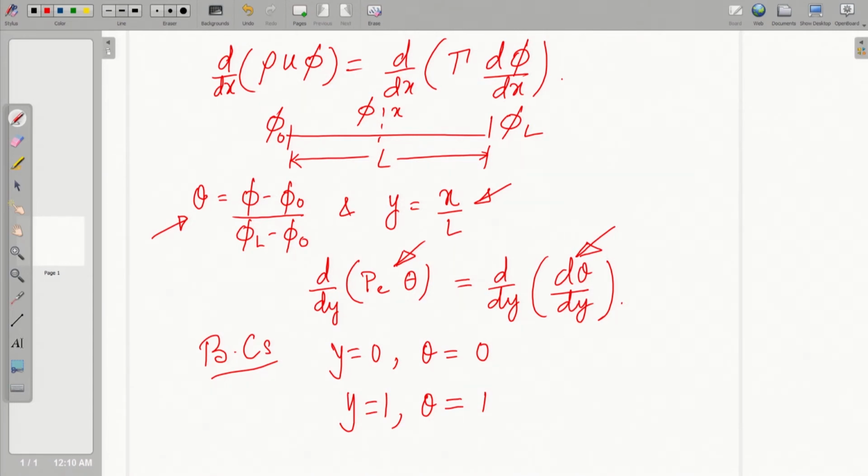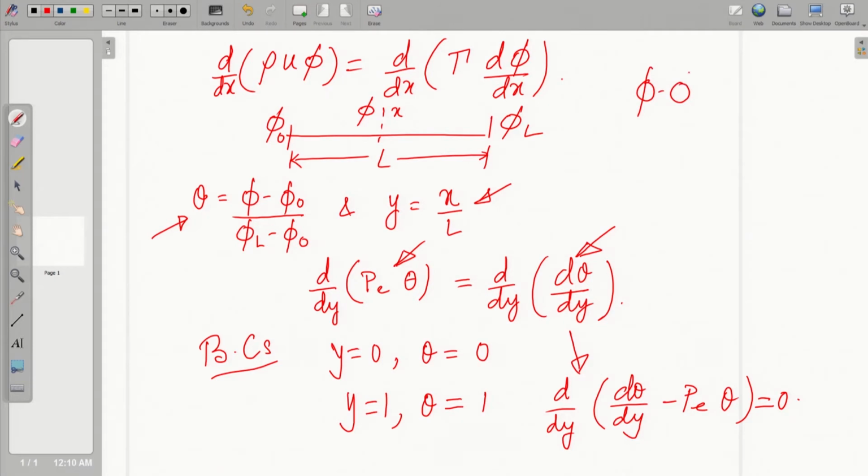And then essentially this equation can be further written in a more compact manner like this, and then you need to integrate it and apply the boundary conditions, and then you should be able to come up with the final solution, which can be written in a more compact manner than what we showed in the earlier slide by introducing the Peclet number there.